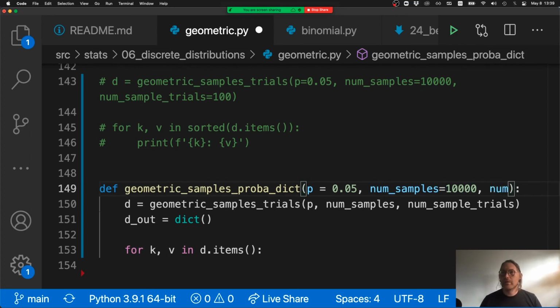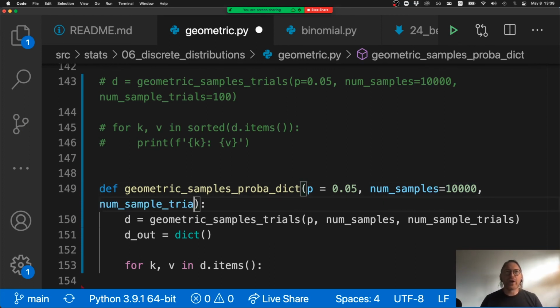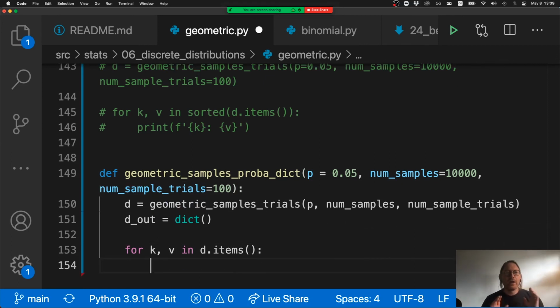Num sample trials, it's 100, and then just add to d sub out sub k the value, okay? And we should be able to divide that by the number of samples. Now, that gets a little weird.